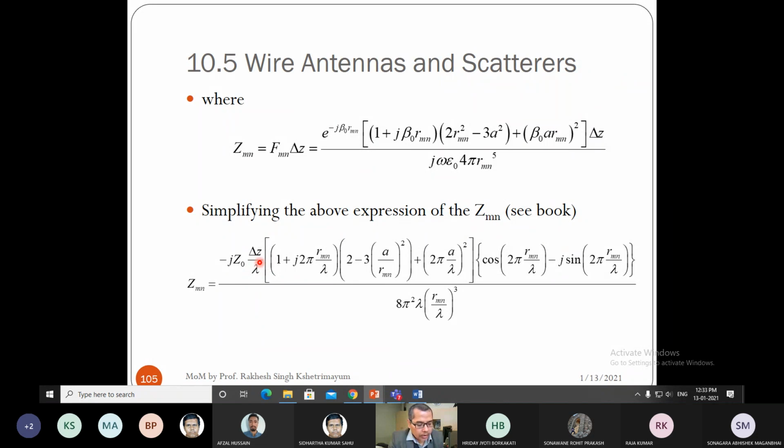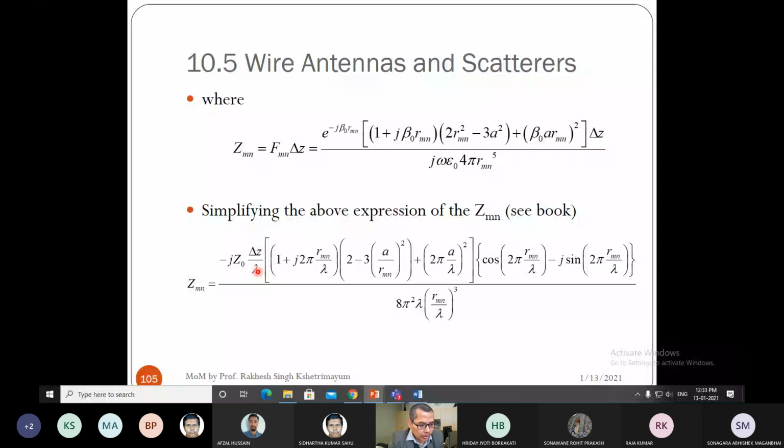That will be the delta Z. Lambda is known to us because frequency is given. Once you have the frequency, you divide the speed of light, which is 3 times 10 to the power 8, by the frequency, and you get lambda. Frequency was 1 megahertz, so I can get delta Z and I can get lambda.